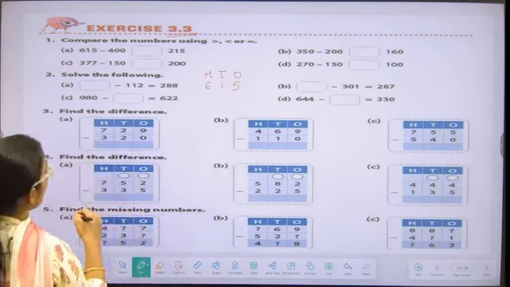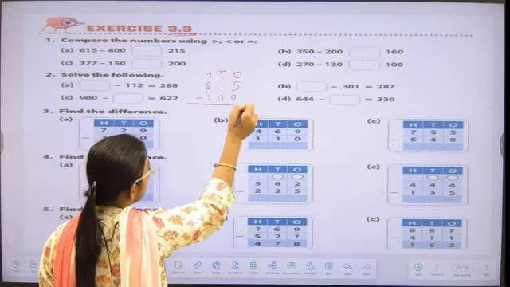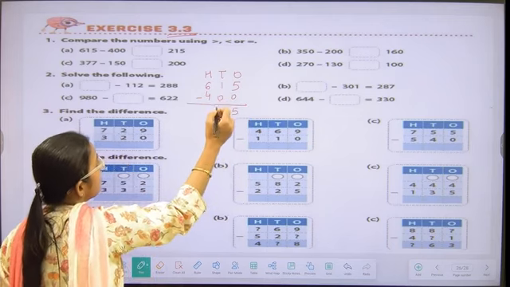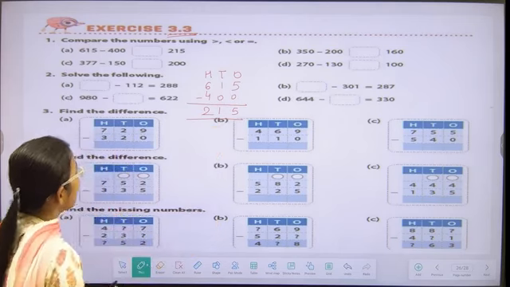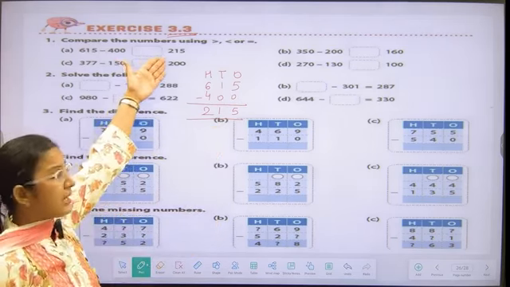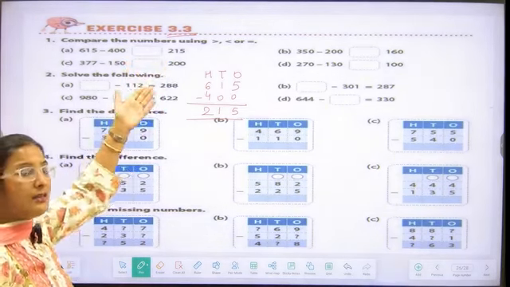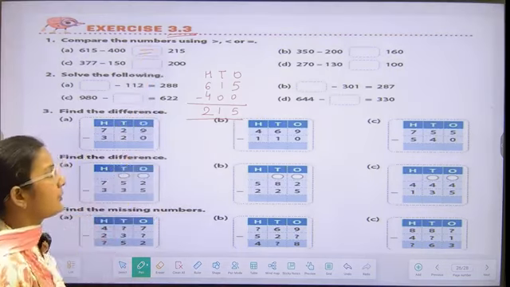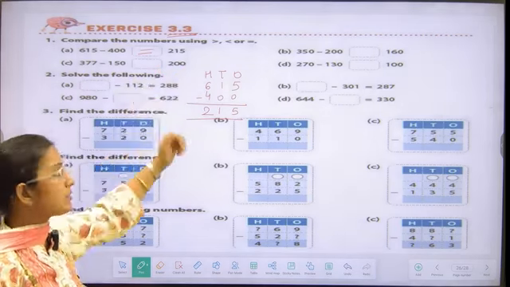And we have to subtract 400 from that. Now start subtracting by ones place value. 5 minus 0, we are getting 5. 1 minus 0, we are getting 1, and 6 minus 4, we are getting 2. So we can say that I am getting 215. We have to compare 215 with 215. So we can say that both are equal. So we have to write an equal sign for that. Similarly, you can attempt the B, C and D part also.